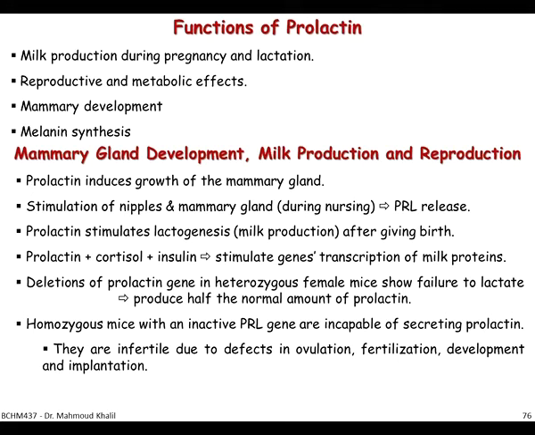So that means if we want to expand the picture, this research shows if a female is not producing prolactin, this will lead to an infertile female, because she will have a defect in the process of ovulation, fertilization, and the development and the implantation.